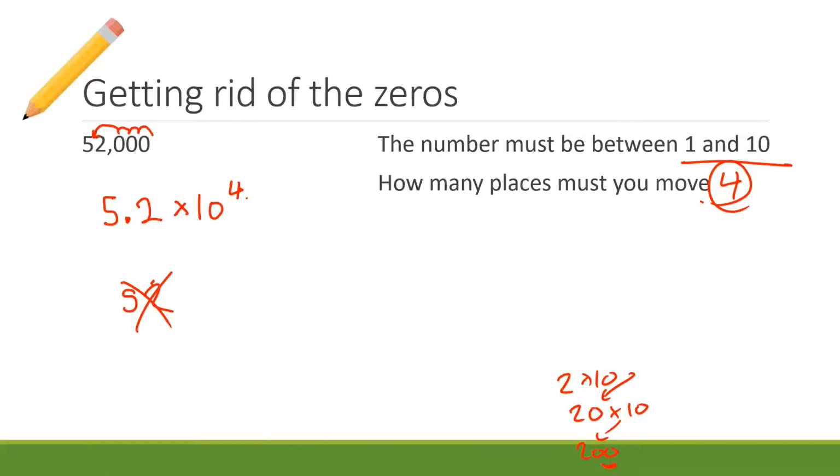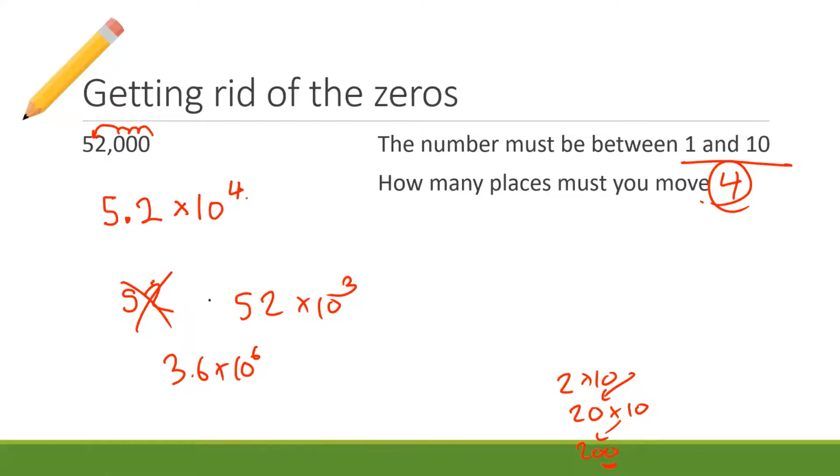You might say, okay, well, what's the advantage of doing this? The advantage is if we always put a number between 1 and 10, we can always compare them. I can compare 5.2 times 10 to the negative 4 to 3.6 times 10 to the power of 6.